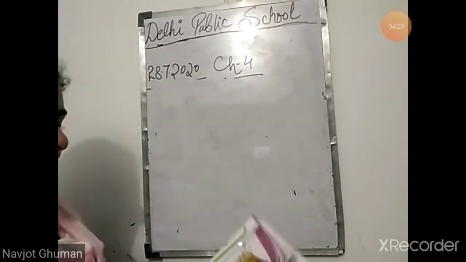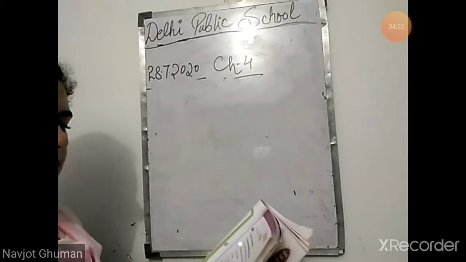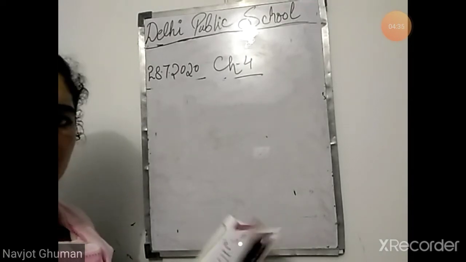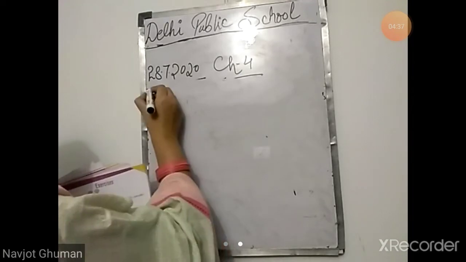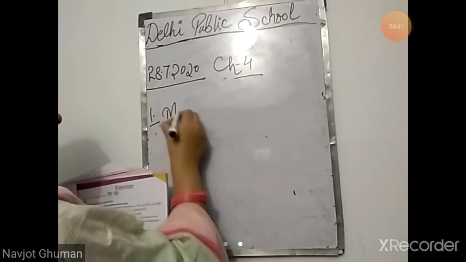So first fill up is, a substance that has mass and occupies a space is called dash. We have read it. Anything that has mass and occupies a space is called matter.